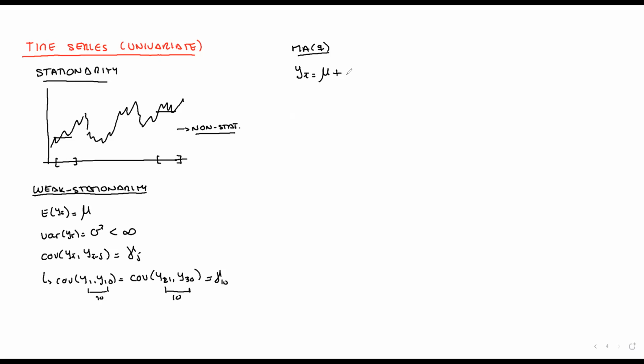And then this is going to be plus u_t plus theta 1 u_t minus 1 plus theta 2 u_t minus 2 plus theta q u_t minus q. So this was the MA(q). So what is u_t? This is simply a white noise process with zero mean. What is a white noise process, guys? It is a weakly stationary process.